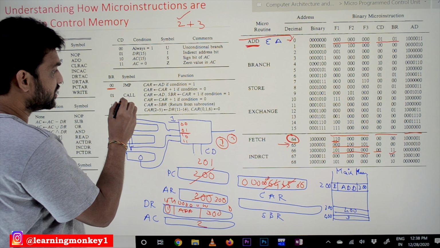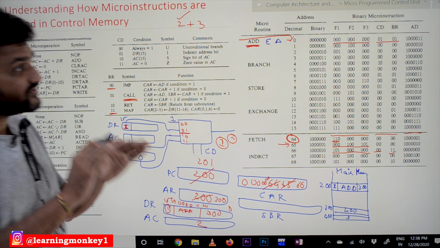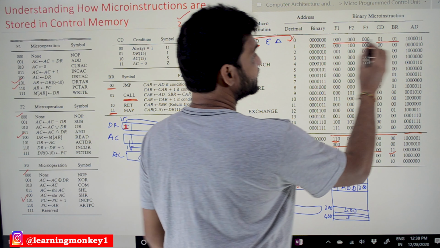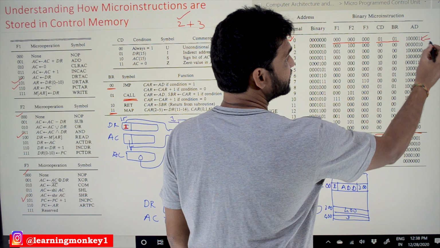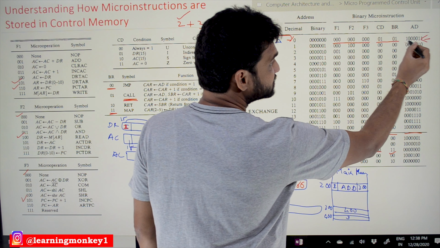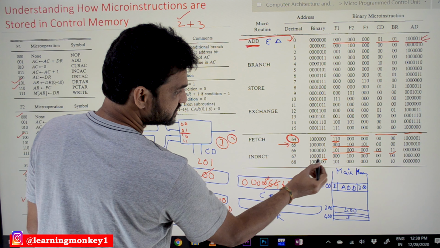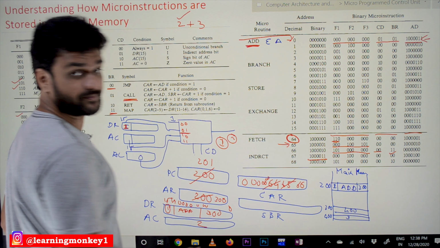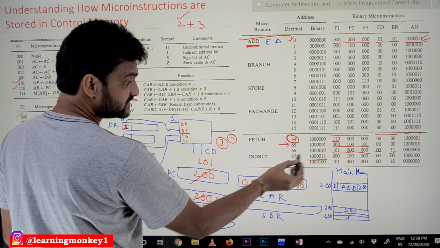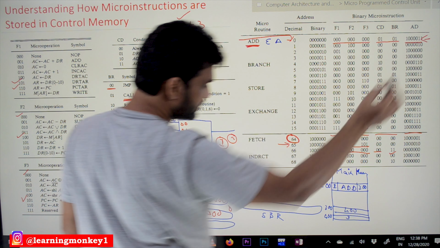See here, call means a function call has to be done. Whenever a function call is made, the function call states the address. So what is this address stating? 67. See here, this address and that address are the same. So this is 67. So we have to jump from here.